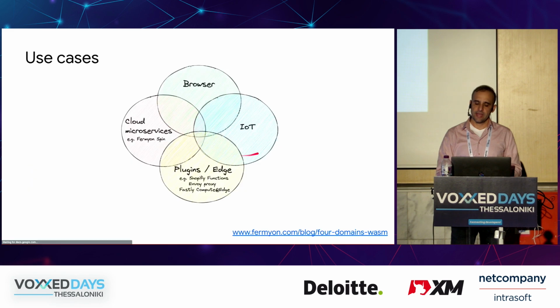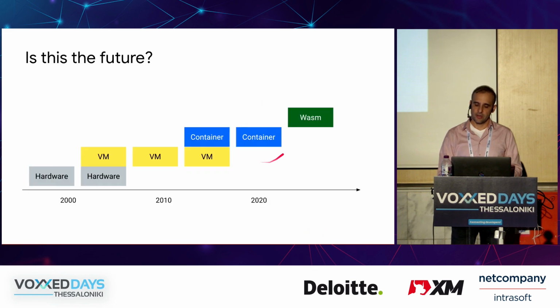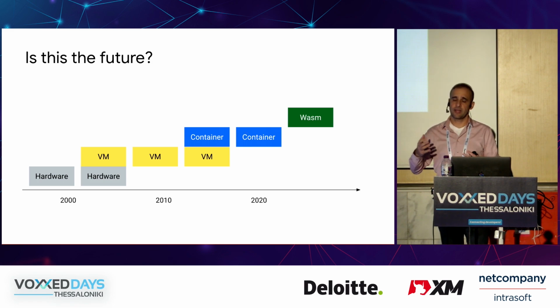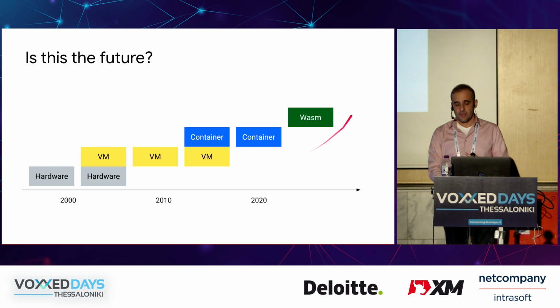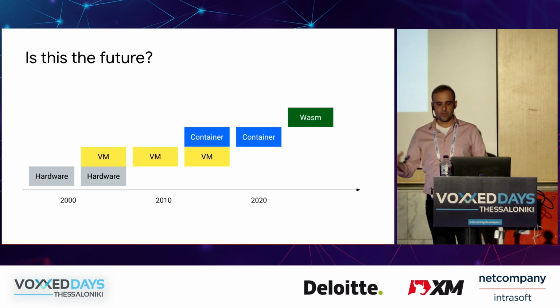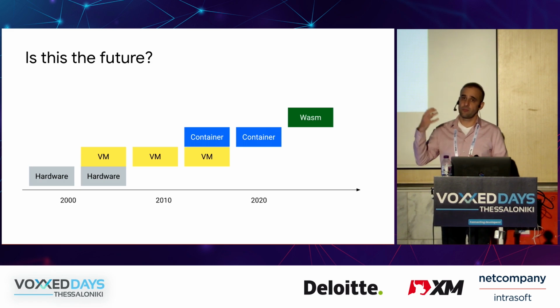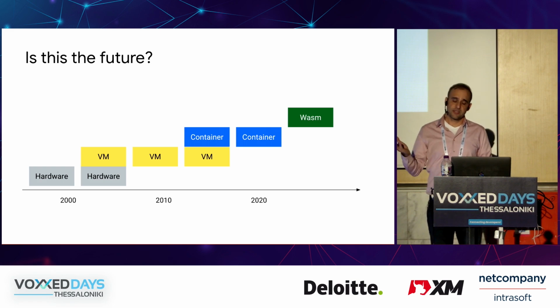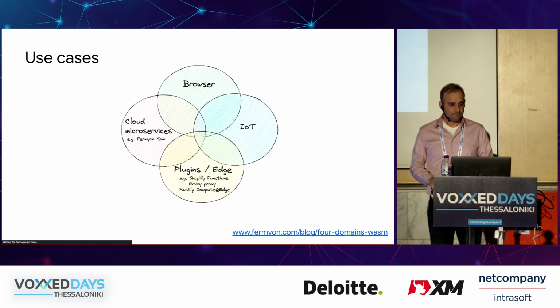And now we're at this stage where we have containers running, and whatever is underneath, whether it's Kubernetes or Cloud Run or something like that, we don't necessarily care about it so much. We just care about building the container and running the container. So maybe the next evolution is going to be this Wasm module. Take the same code, compile to a Wasm module, and run that without having to care about the underlying infrastructure, in a smaller, more secure, faster way. Is this the future? We'll see.